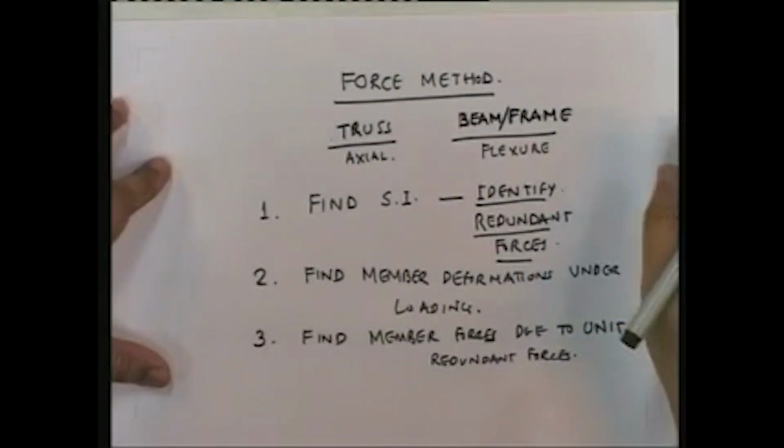So if you have two redundants, you will apply one redundant first and put the other redundant equal to 0. So you put x1 equal to 1 and x2 equal to 0, and then you find out another set of member forces, putting x1 equal to 0 and x2 equal to 1.